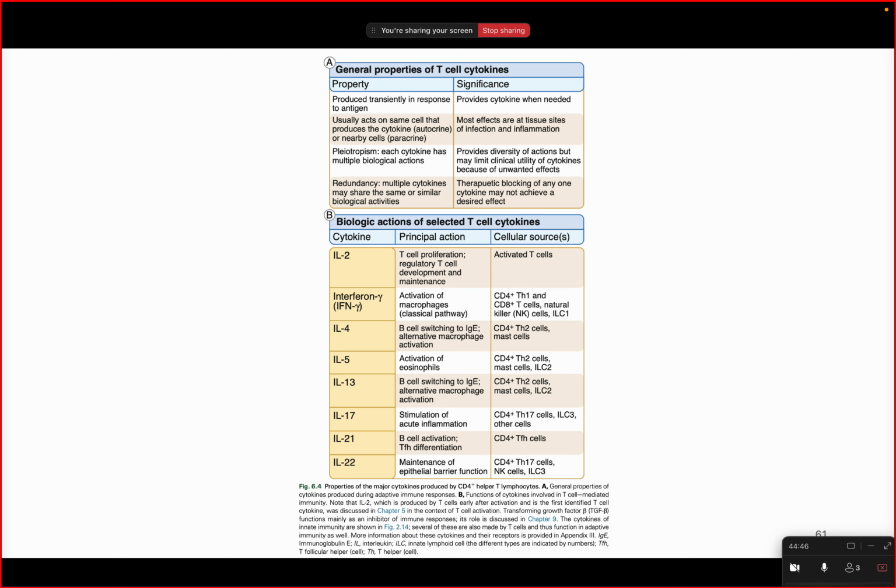Then we looked at the properties of the major cytokines. You don't need to remember all of these, especially with respect to this slide. You don't have to remember every single thing, but the majority of things should be there. For example, IL-2, IL-17, interferon gamma.